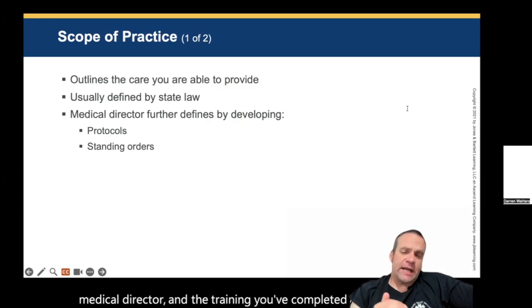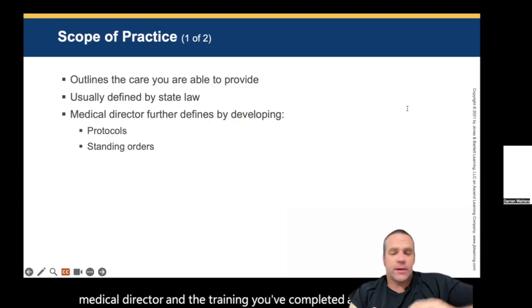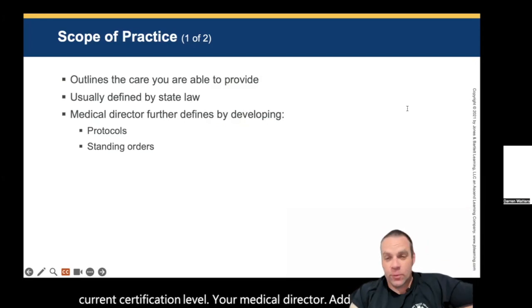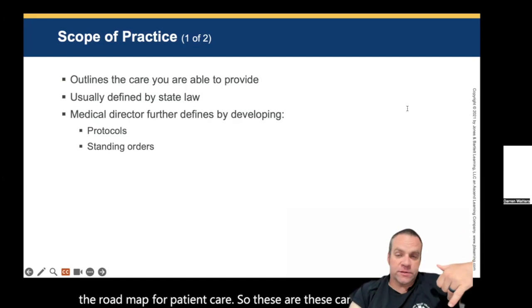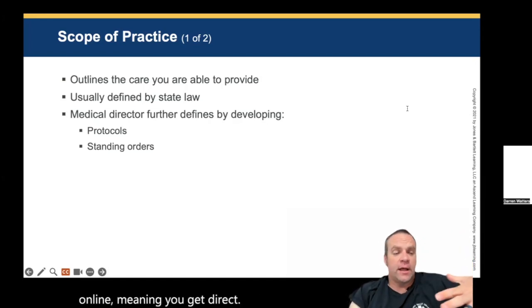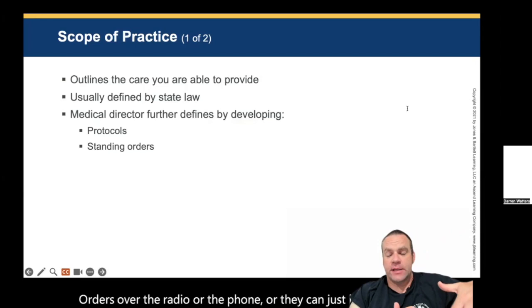Your medical director adds detail to your scope by creating protocols, the standing orders, which really are the roadmap for patient care. These can be online, meaning you get direct orders over the radio or the phone, or they can be offline, like your protocols that you're just going to follow automatically in the field.